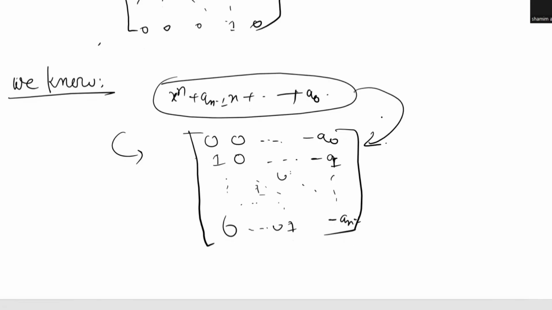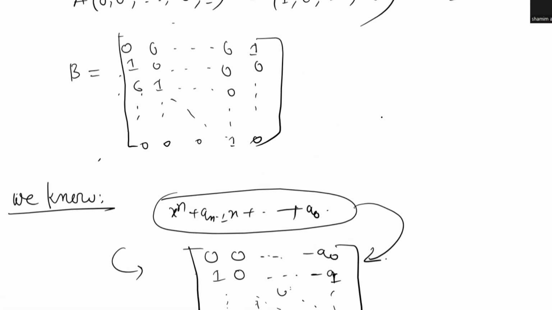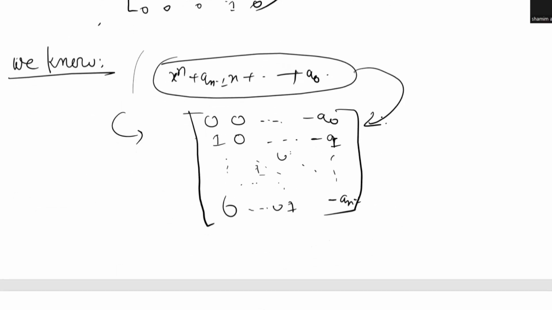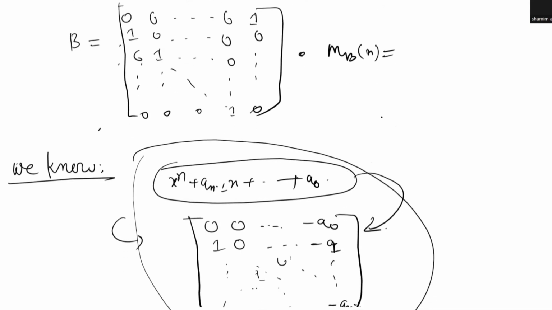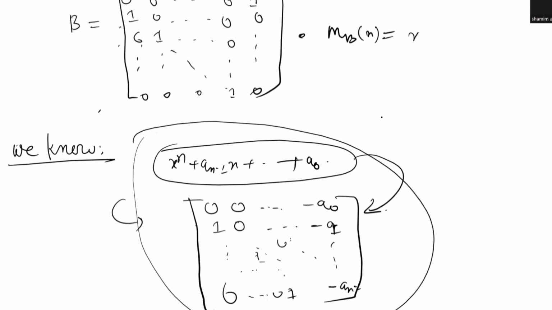So find the minimal polynomial of B, m_B(x). Comparing, we find x to the power n, all the other coefficients are 0, and the last coefficient is -1.